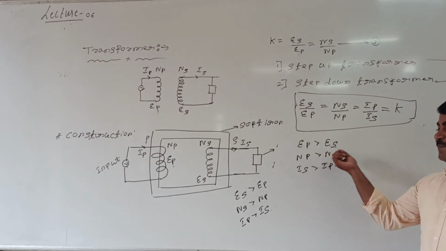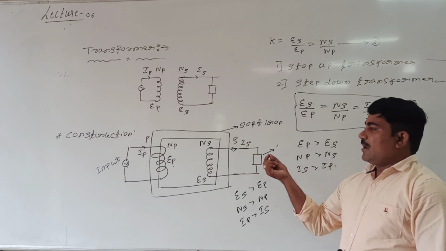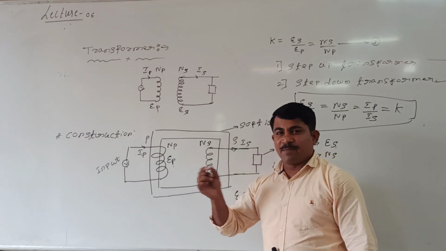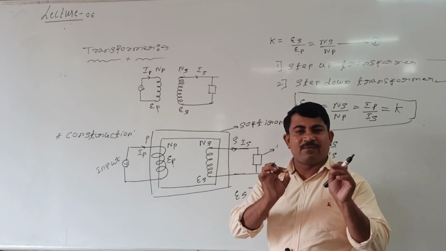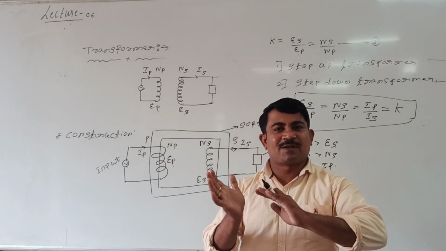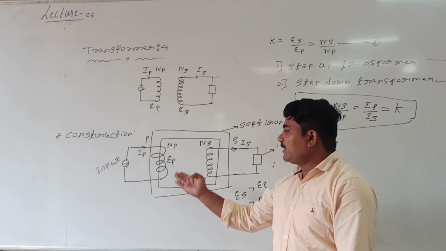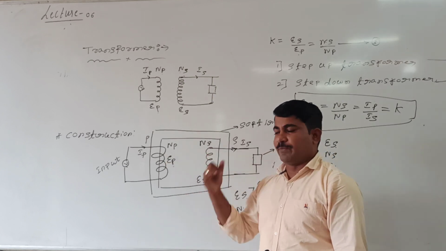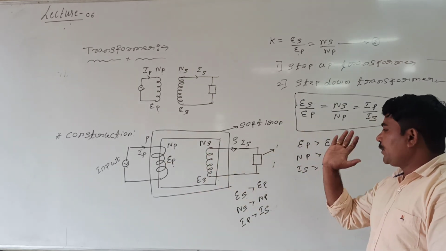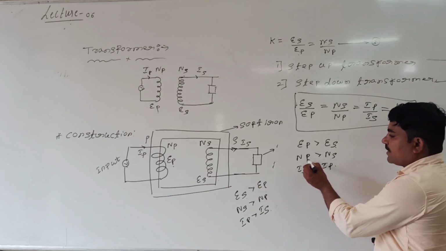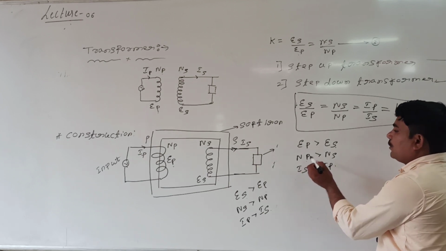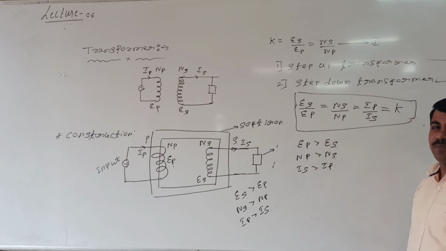For a step down transformer, the EMF in the primary must be very high and the EMF in the secondary very low. To convert high value into low value, the number of turns in the primary must be very high as compared to the secondary.